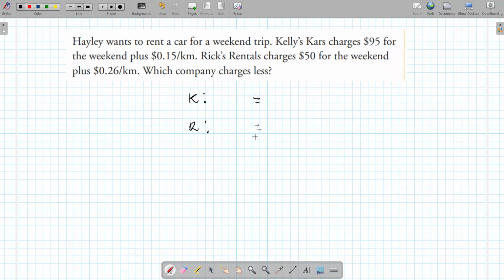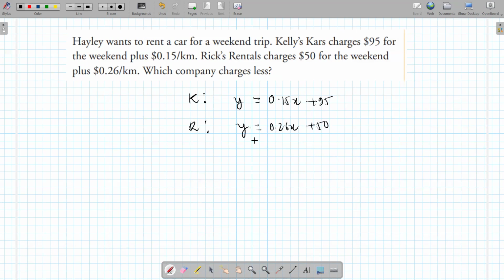What are the equations for both of these? y will be your total bill, or the amount that you pay to each company. It's going to be in the form of mx plus b. y equals 0.15x plus 95 for the first one. And then for the second one, it's very similar. It's going to be 0.26x plus 50.